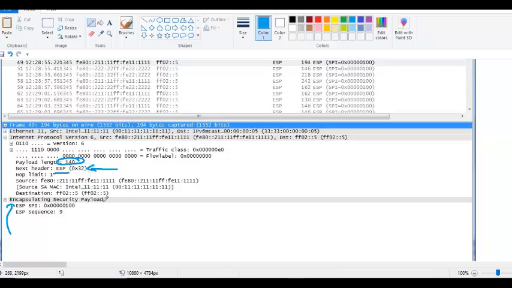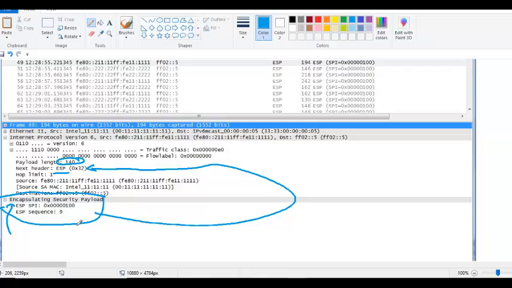See, the next header is ESP. So it is saying here in layer 3 itself what is going to be the next layer. Next layer is ESP, and that is this one. Did you understand?